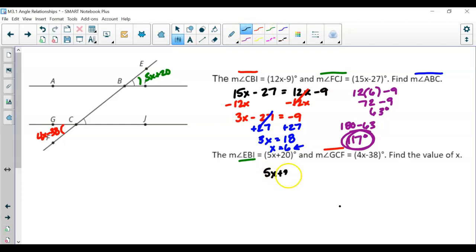So 5x plus 20 is equal to 4x minus 38, and solving for x. Gathering your variable, subtract 4x. Here you've got x plus 20 is equal to negative 38. Now when you subtract 20, you end up with x is equal to negative 58.